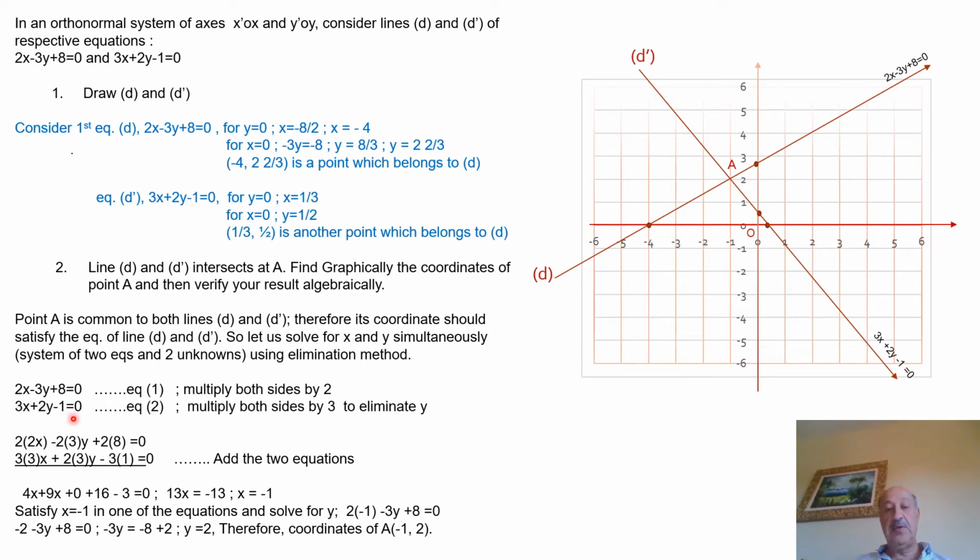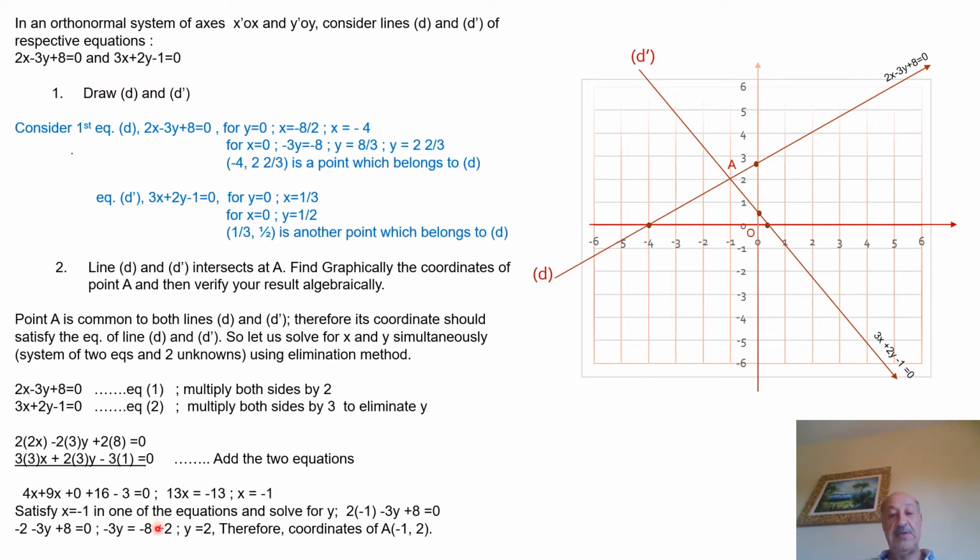So let's do this. If we multiply equation 1 by 2 and equation 2 by 3 and add them together, we eliminate y. We eliminate y and solve for x. x is equal to minus 1. And substitute minus 1 in one of the equations to find y.